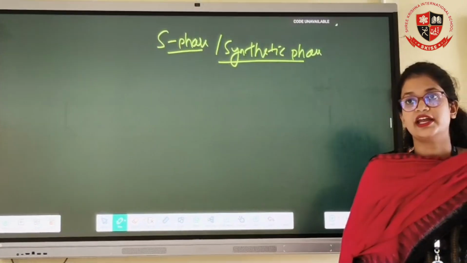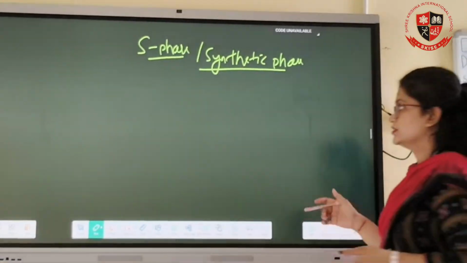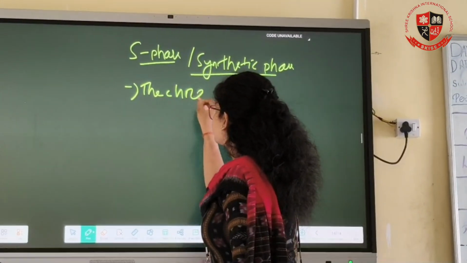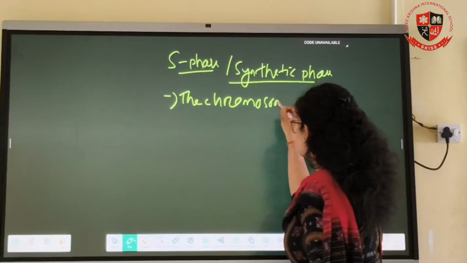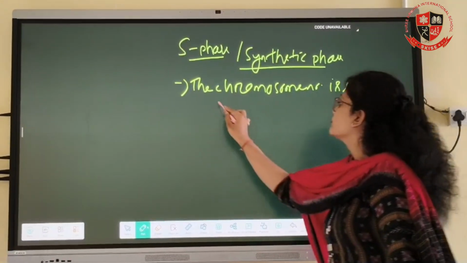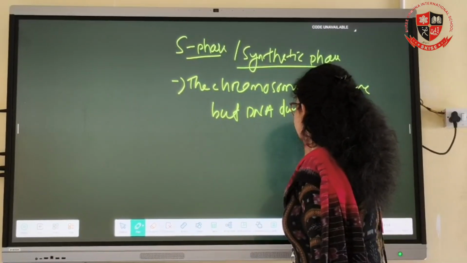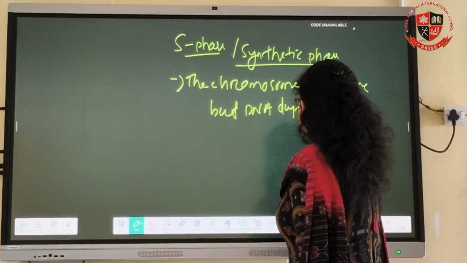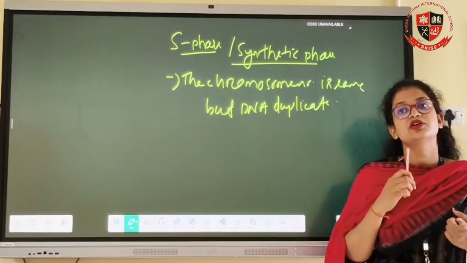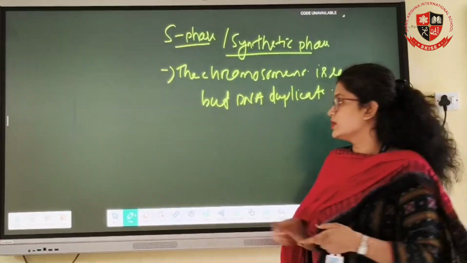The DNA duplicates, but the chromosome number is the same. The chromosome number is the same, but the DNA is duplicated. Chromosome number is 46, and the DNA content is double.